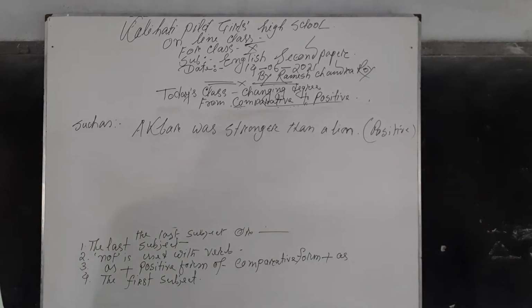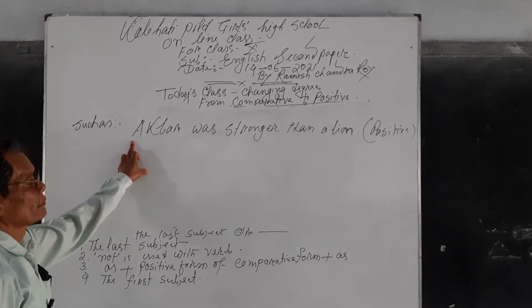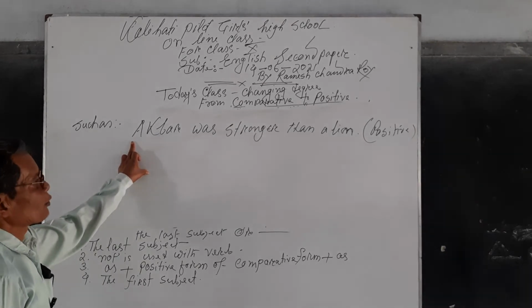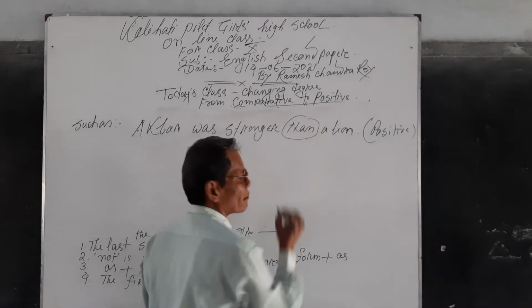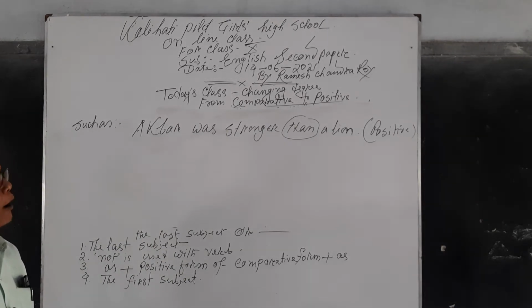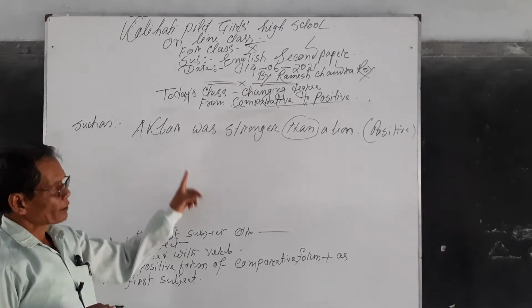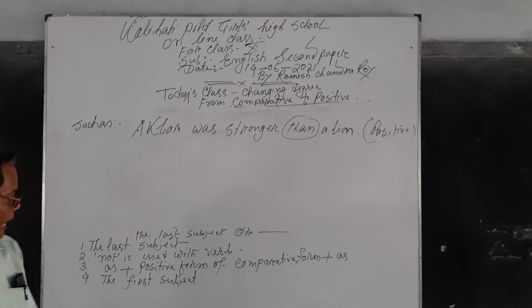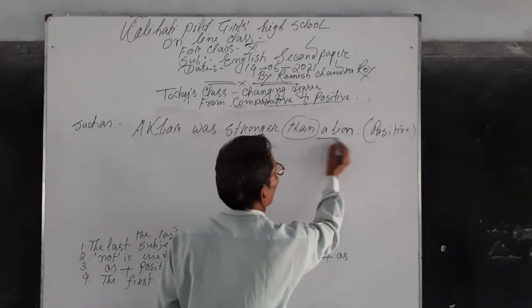Dear student, this sentence is comparative form and it is also added with only than. But now, if you want to change from comparative to positive, then at first we shall have to take the last subject, a lion.